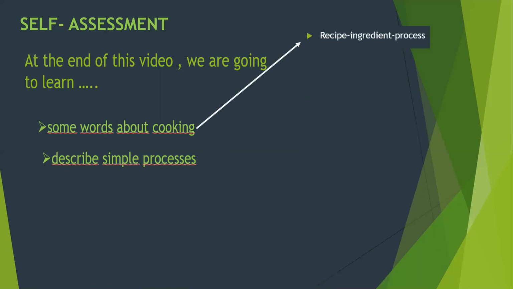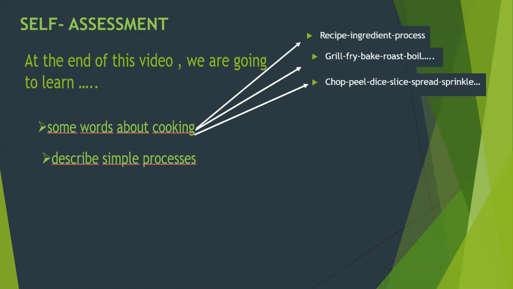Yeah, recipe, ingredient, process, and some cooking methods such as grill, fry, bake, roast, boil. It goes on like this. And some cooking processes such as chop, peel, dice, slice, spread, sprinkle, etc. And some kitchen tools such as plate, spoon, grater, strainer.